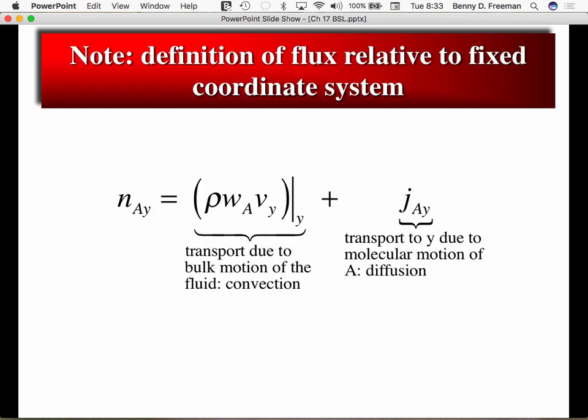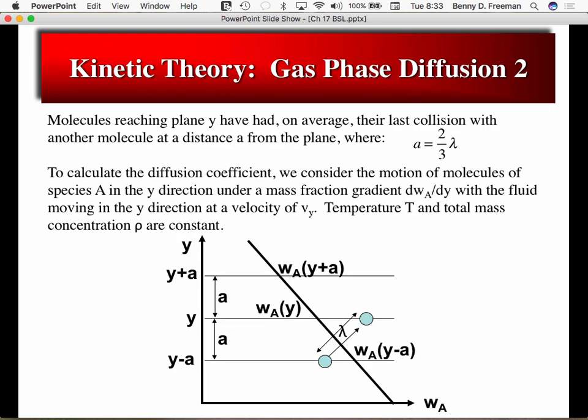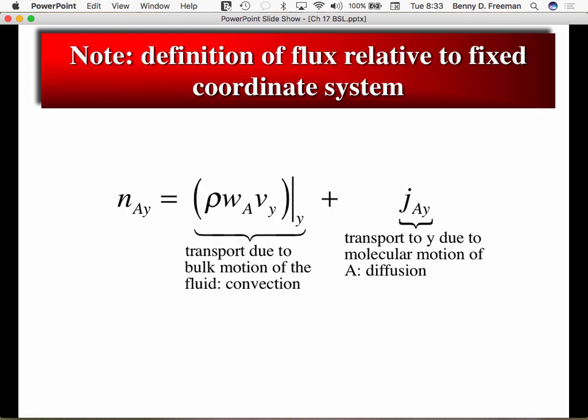The total flux of component A in the y direction is then the sum of the transport due to the fact that the fluid itself that has A in it is moving in the y direction. That's just the concentration of A, rho times W sub A, times the velocity. Concentration times velocity gives flux. So this is the convective portion.